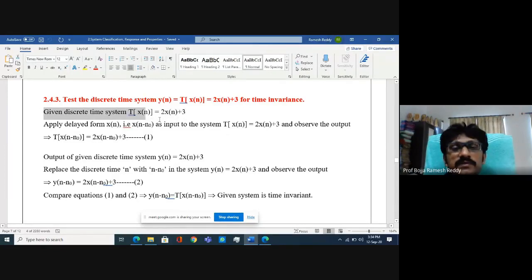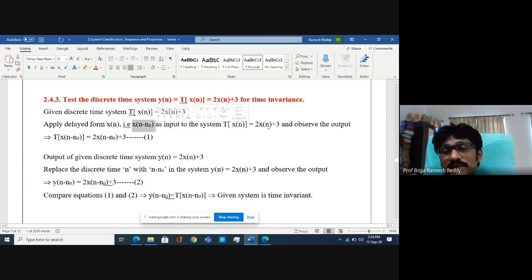Okay, this is the given system. What we have to do? Initial procedure: apply the delayed form of x of n as input to the system, that is x of n minus n naught as input.